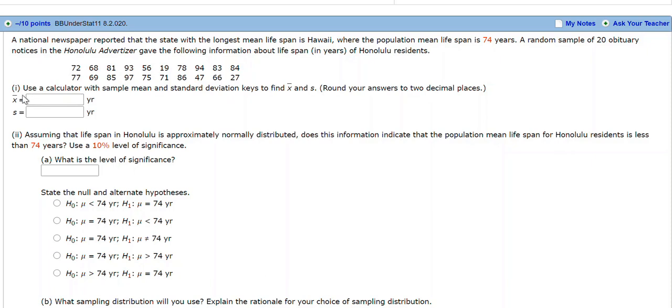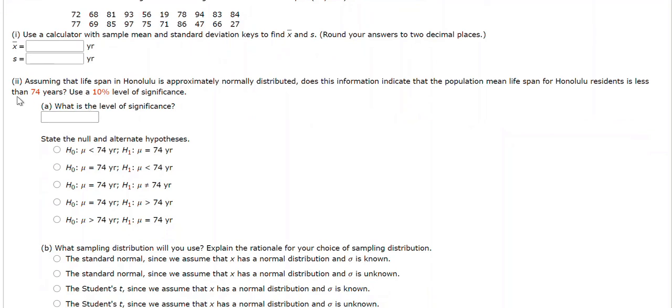Part 1 says use a calculator with the sample mean and standard deviation keys to find x bar and s. Part 2 says, assuming the lifespan in Honolulu is approximately normally distributed, does this information indicate that the population mean lifespan for Honolulu residents is less than 74 years?